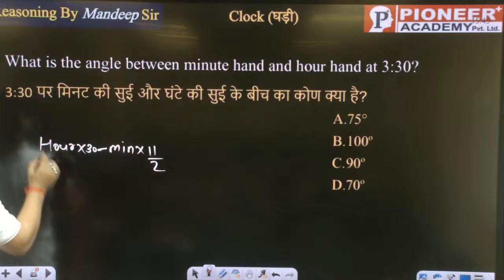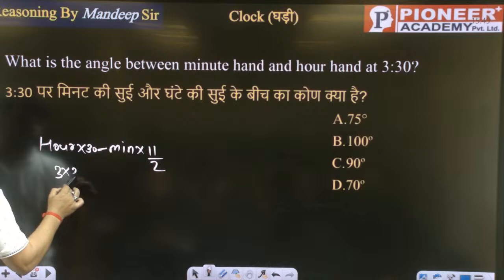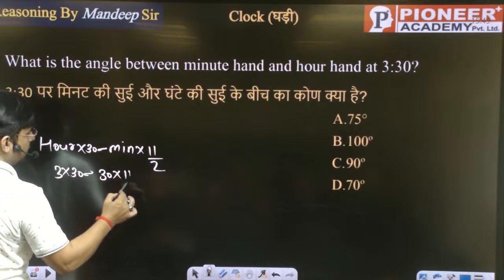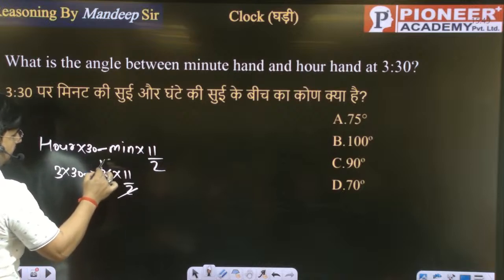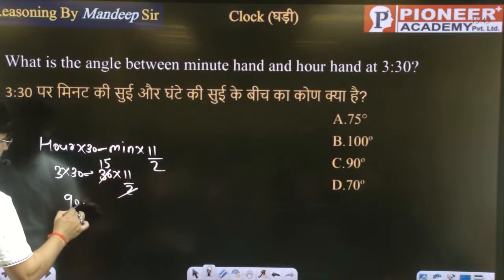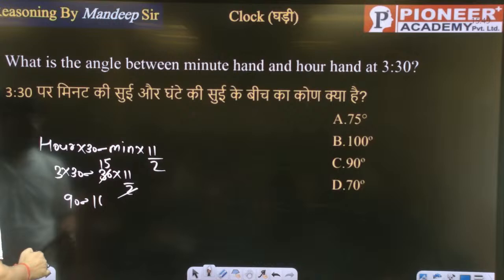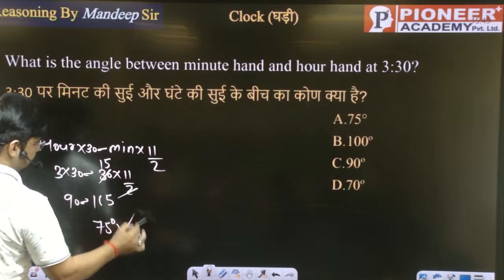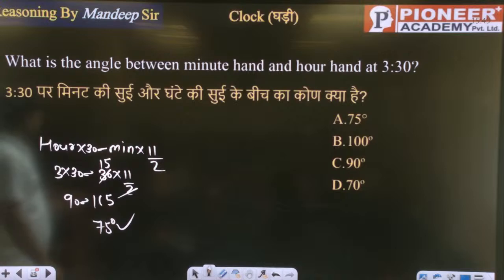In the place of hour, we'll write 3. 3 into 30 difference 30 into 11 upon 2, which is 15. It's 90 and it's 165. 75 degrees. Clear?